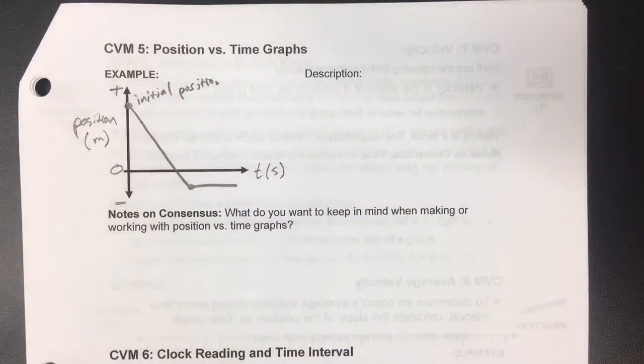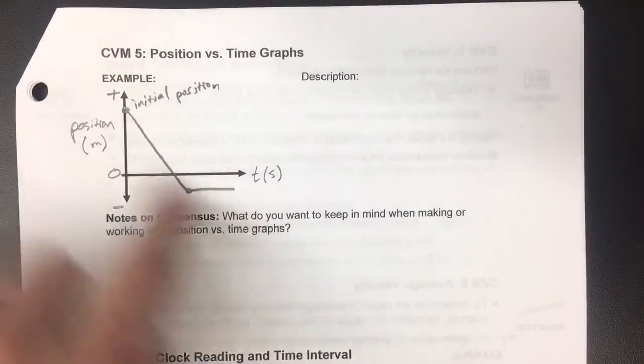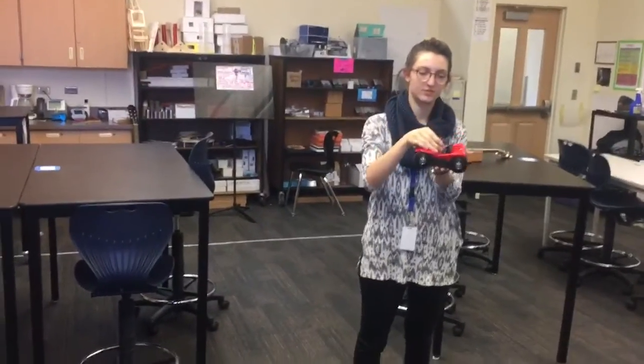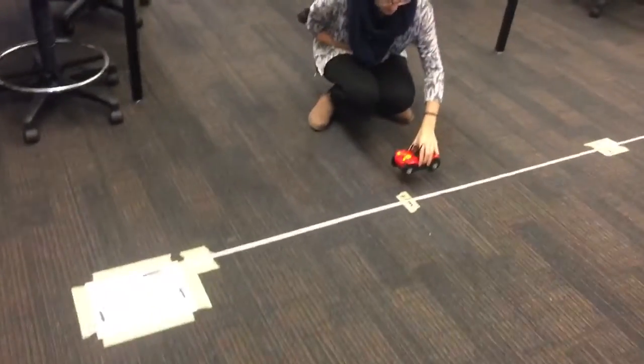Even though this graph doesn't have any numbers, we can still tell a lot about what's happening in the situation. So I want to show you an example of what this would look like in real life, with the help of Miss Smith, who has a red buggy in her hands, and she's going to start it moving from an initial position of 1 meter.